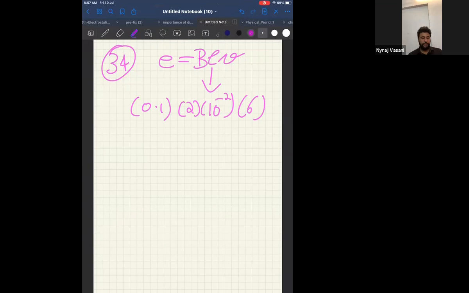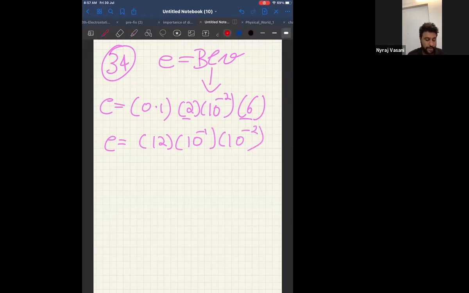Therefore, what is the potential difference? E is equal to 6 into 2, which will be 12. 0.1 can be written as 10 power minus 1, into 10 power minus 2. What did I do?